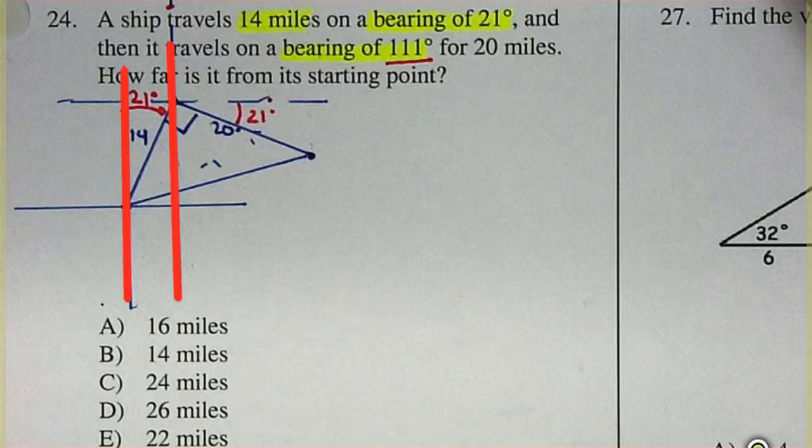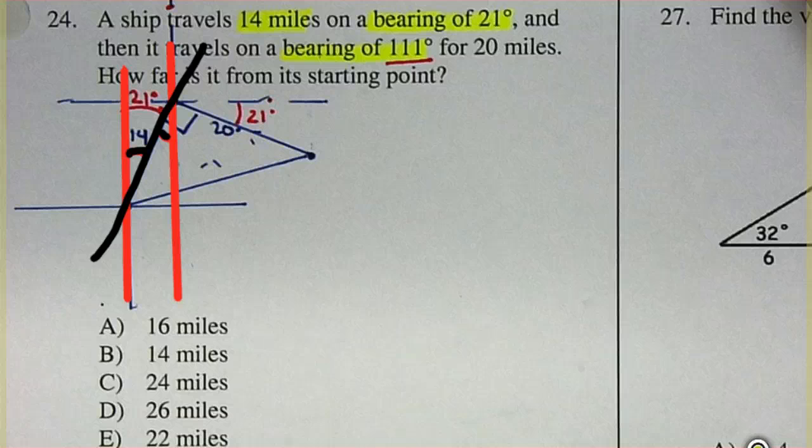And since this angle here is 21 degrees, therefore I know that this angle is 21 degrees, because we have a transversal. This will be my transversal. So this angle and this angle are the same.